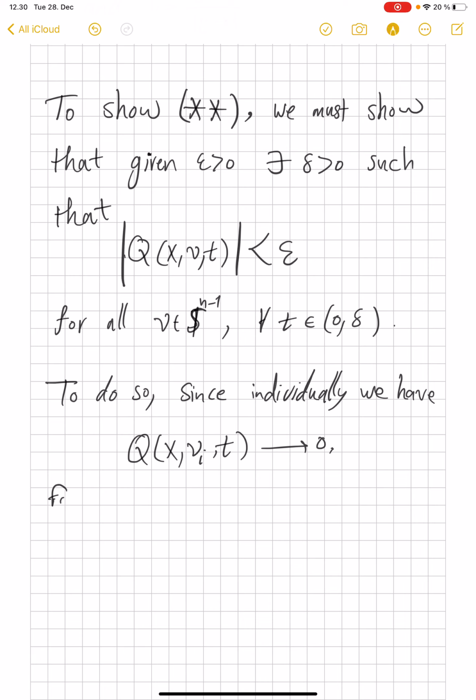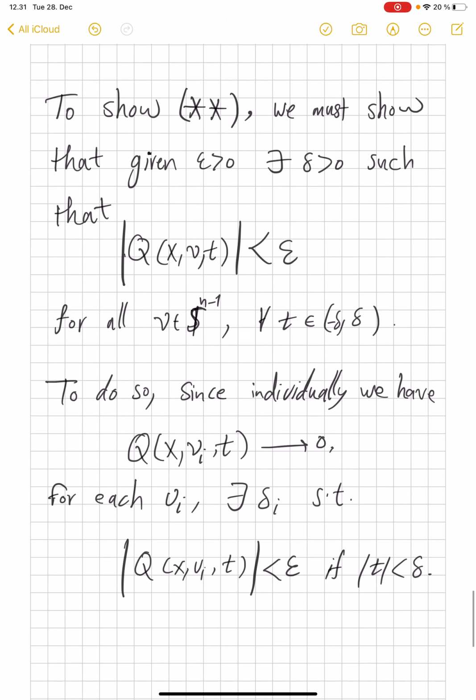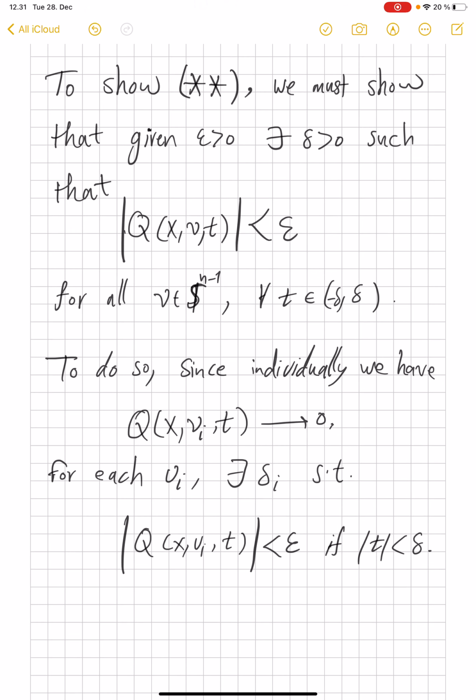For each vi, there exists a delta_i such that q_x(vi,t) is less than epsilon if t is less than delta. Here I had to say from negative delta to delta. So for each vi, there is a threshold delta_i.